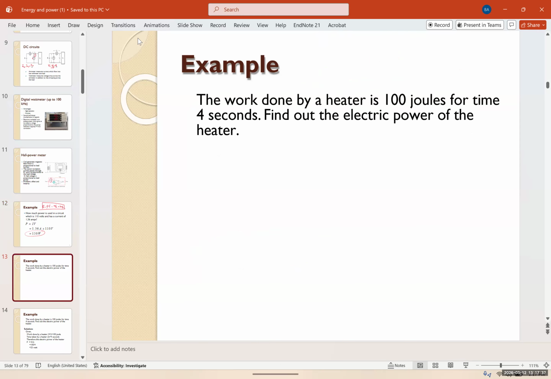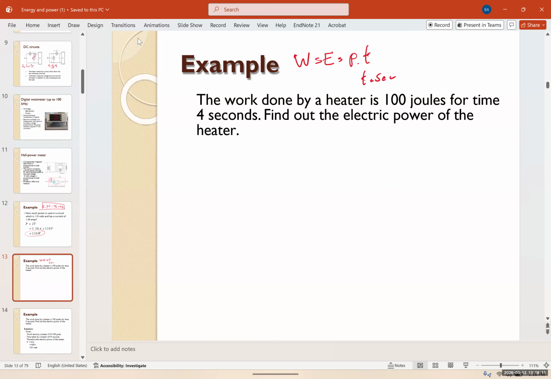Now, I want you to solve this. The work done by a heater is 100 joules for 4 seconds. Find out the electric power of the heater. And by the way, for this particular case, imagine that our power or work, energy or work, is PT and T is in seconds.